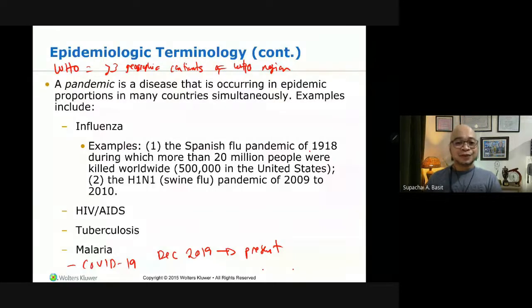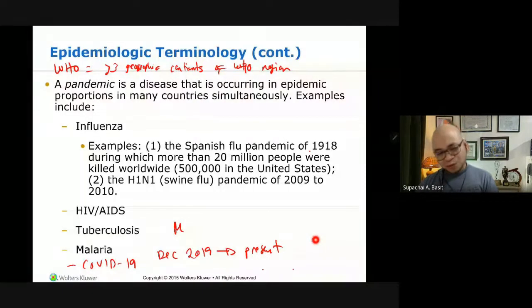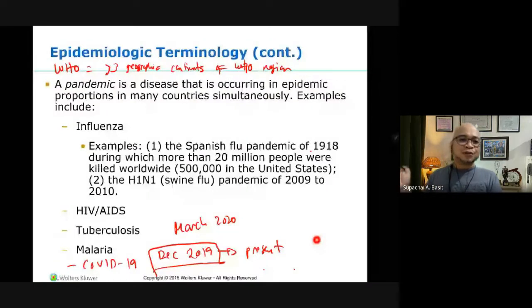So this is one of the longest pandemics in the history of mankind, from December 2019 until now. But it was only declared a pandemic sometime in March 2020. It started in December 2019, but in March 2020, WHO finally declared it a pandemic.